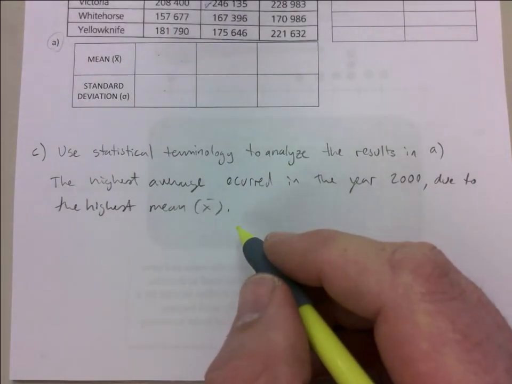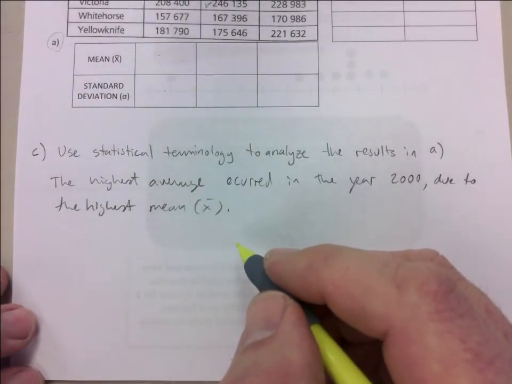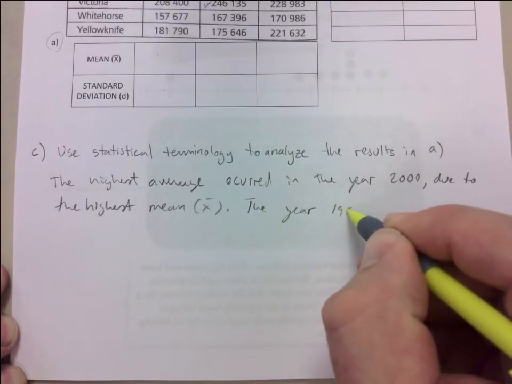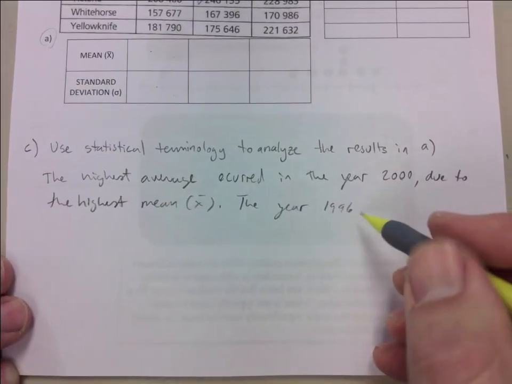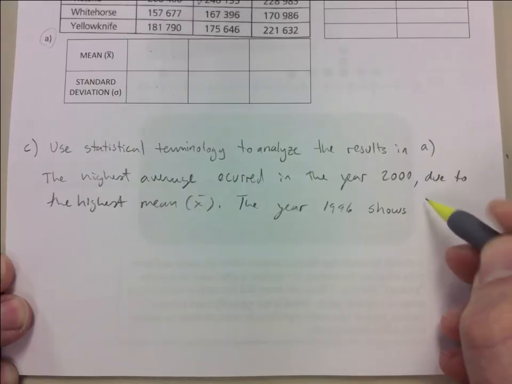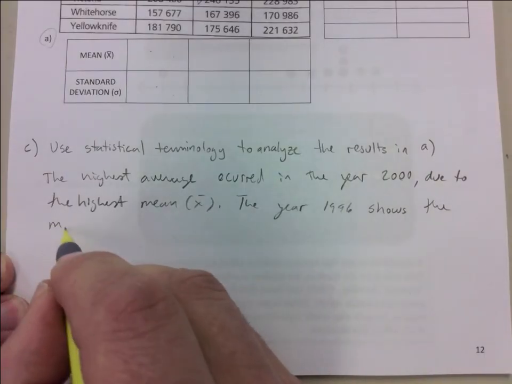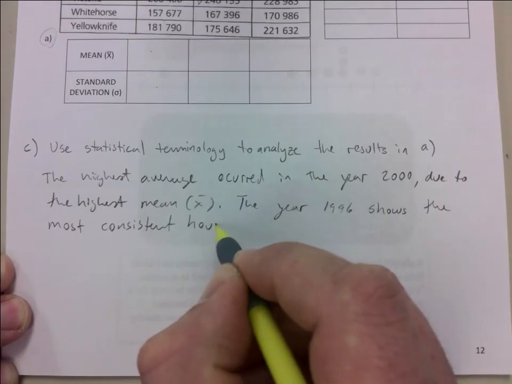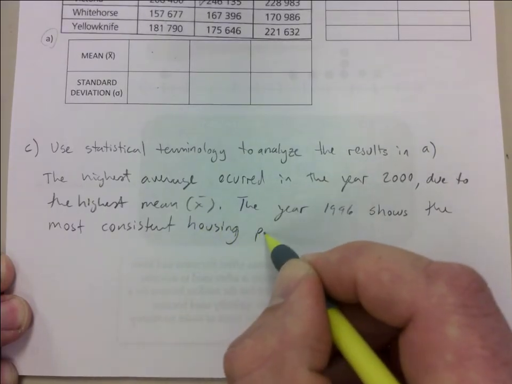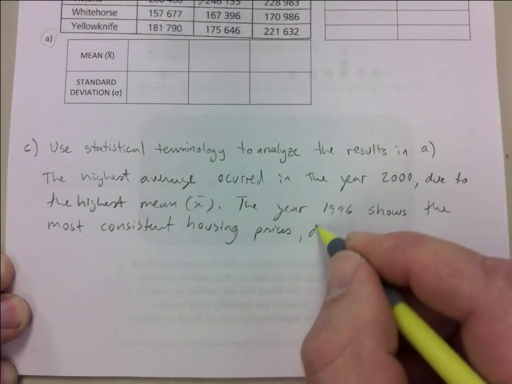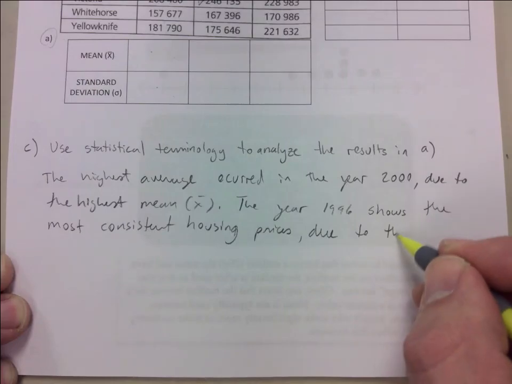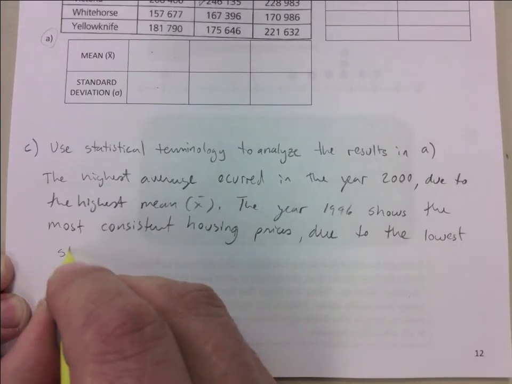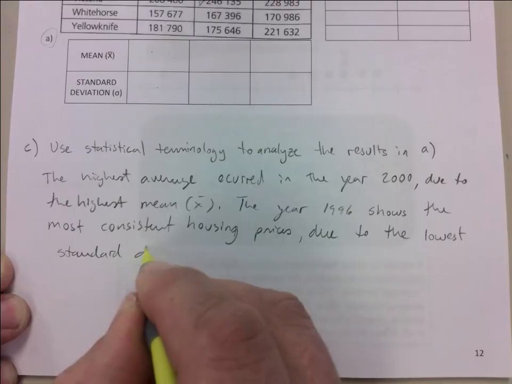And then I could talk about my results: the year 1996 shows the most consistent housing prices due to the lowest standard deviation.